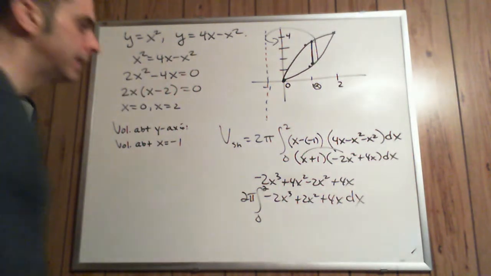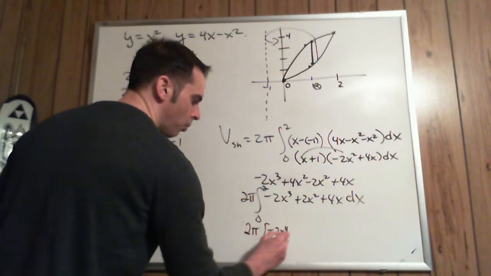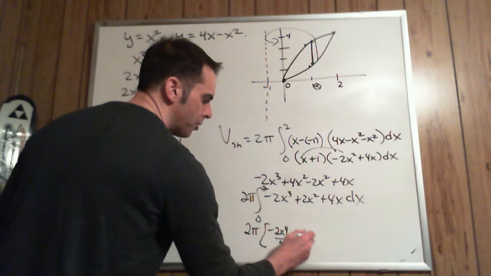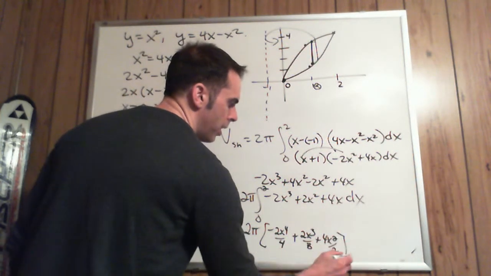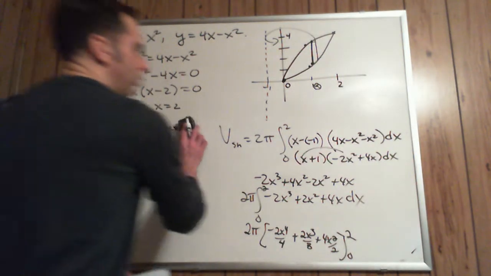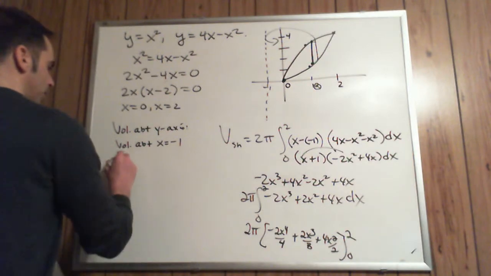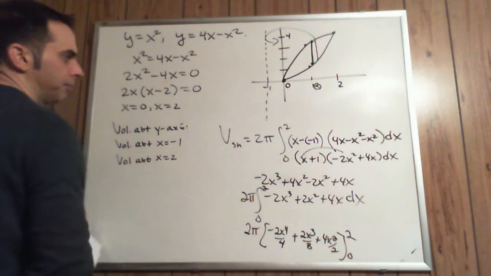And then we take the antiderivative from there. It would be 2 pi times negative 2x to the fourth over 4 plus 2x cubed over 3 plus 4x squared over 2 from 0 to 2. Okay? Now let's do the volume about x equals 2.